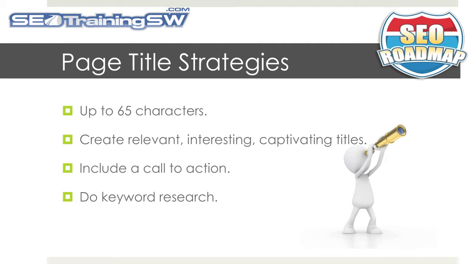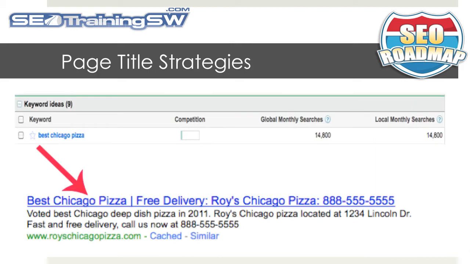Also do keyword research and try to identify other relevant keywords, benefits, or pain points in your niche. Since the Google Keyword tool showed that best Chicago pizza was a frequently used keyword when searching for Chicago pizza, and because we were awarded with having the best Chicago pizza, I'm going to include that in my page title, along with our free delivery, along with our telephone number.